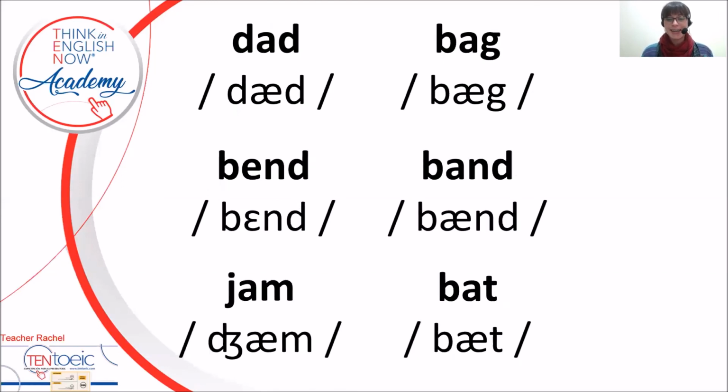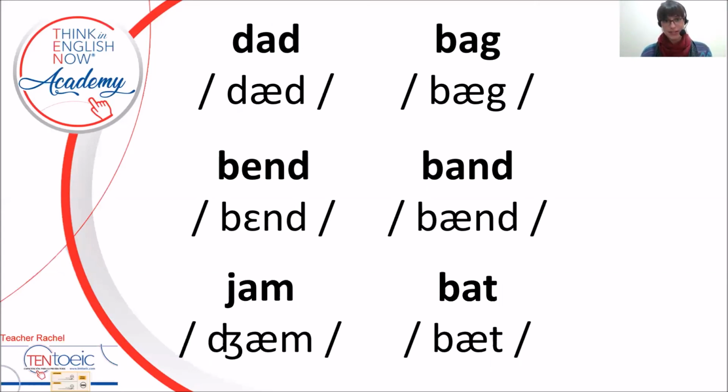Next one, dad. Dad. This is like a father. So mom, dad, father, mother. Bag. This is something that we put things in. We might put it on our shoulder and we put things inside to carry things. Bag. We take our bag to the grocery store.